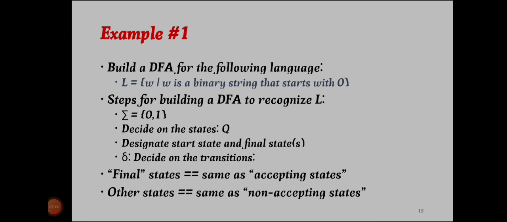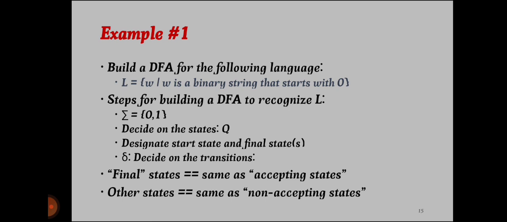And here is a simple example. Build a DFA for the following language. L equals the set of W such that W is a binary string that starts with a 0. Steps for building a DFA to recognize L. Sigma equals {0, 1}, the symbols in the string.